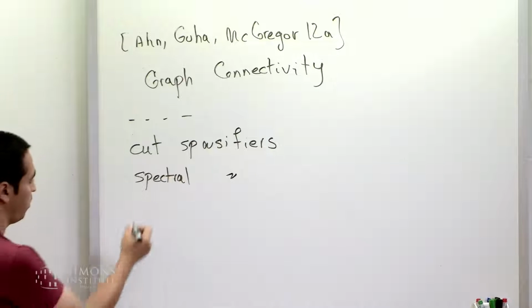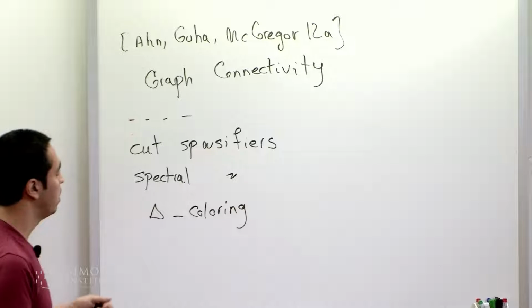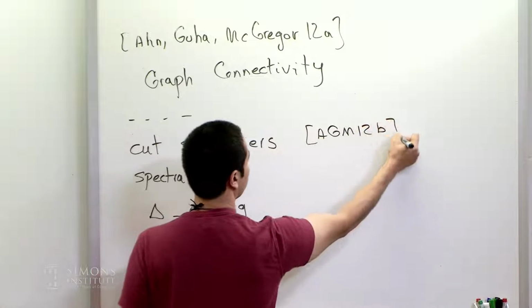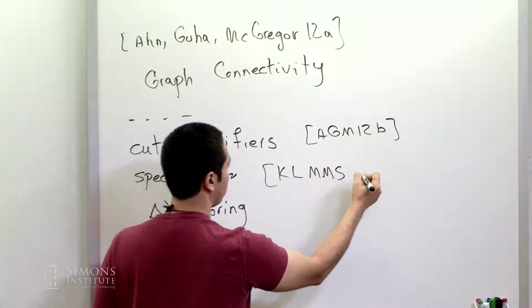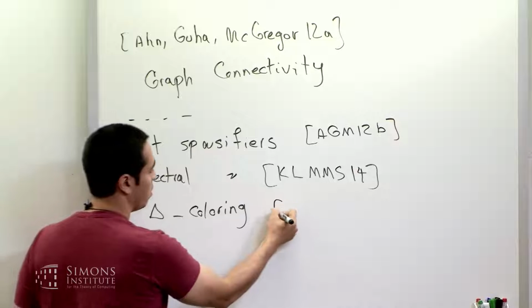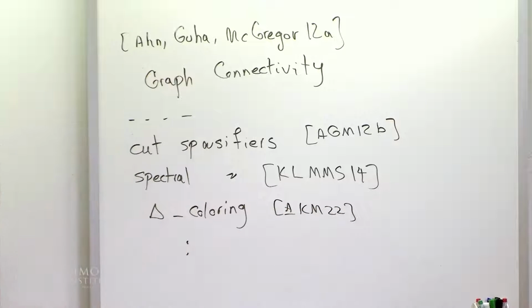Or we can do, let's say, delta coloring, and lots of other things. So there are lots of problems. We can create a sketch for them. We can create a sketch of size proportional to the answer itself, O tilde n.